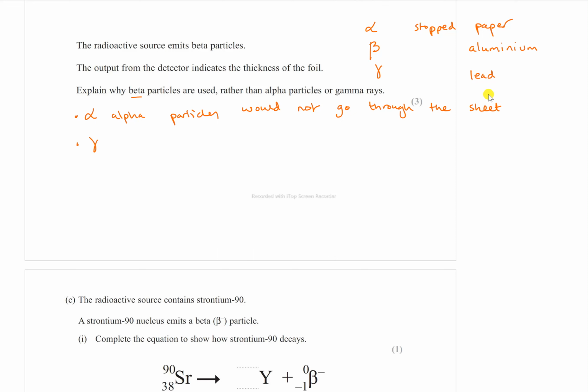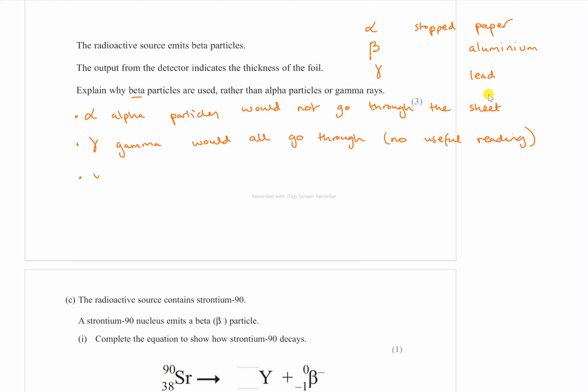Gamma would all go through. They would penetrate through. So no useful reading on the thickness.